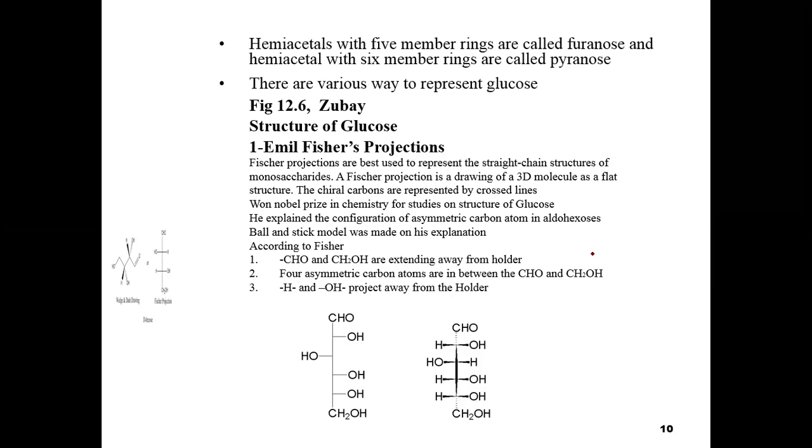The remaining molecules are the hydrogen and the hydroxyl groups. These hydrogen and hydroxyl groups are extended away from the others. Say for example, if we have a paper plane and we extend these molecules on this plane, here will be the carbonyl carbon, and here will be the alcoholic carbon.